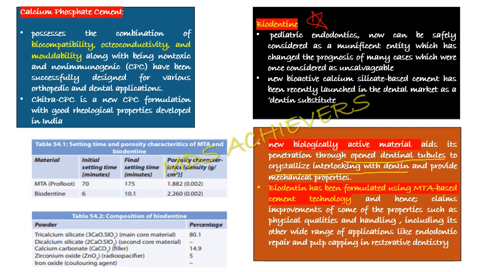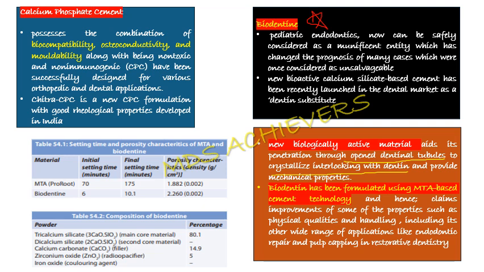Biodentine has been formulated using the MTA based cement technology and hence claims improvement of some of the properties such as physical qualities and handling, including its wide range of applications like endodontic repair, pulp capping and restorative dentistry.